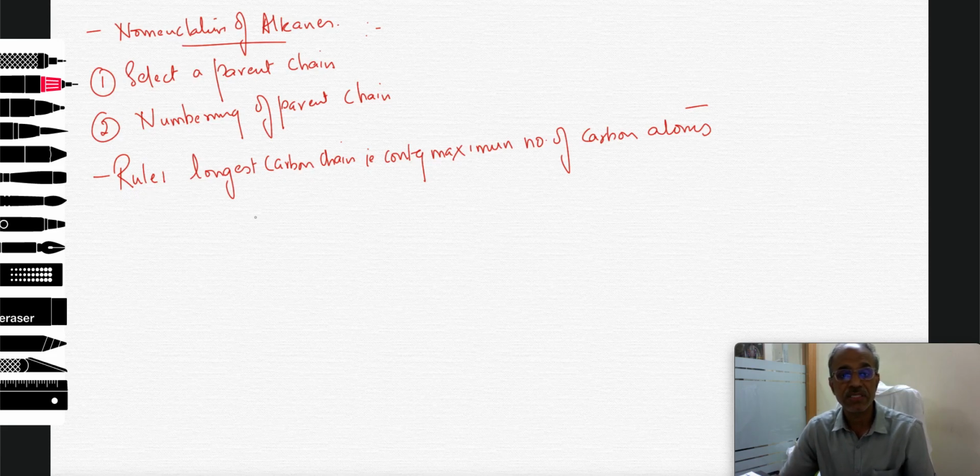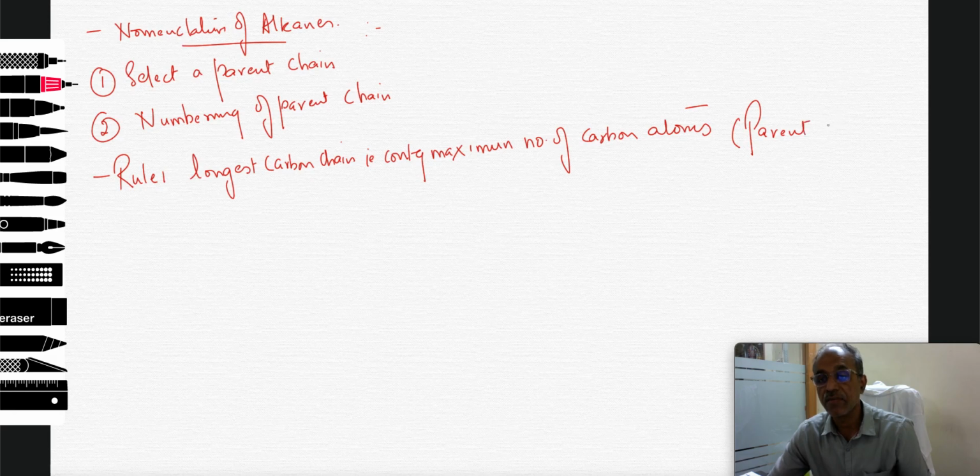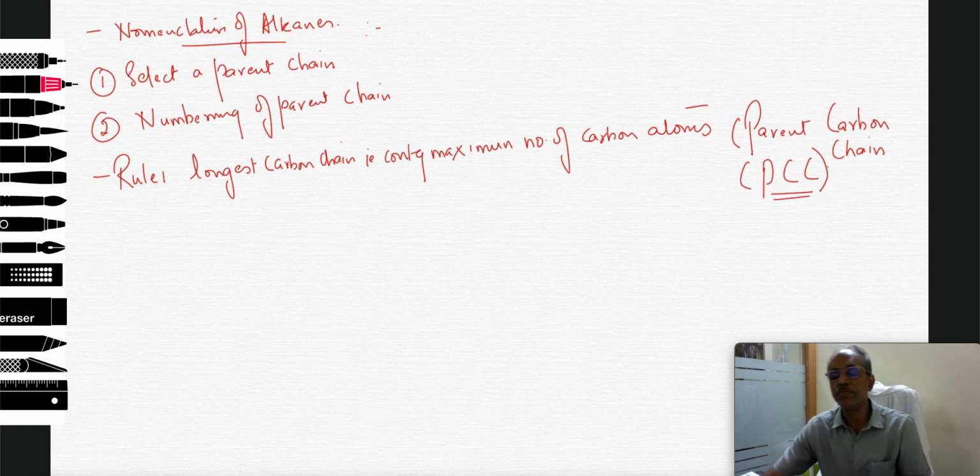Longest carbon chain or maximum number of carbon atoms, they are known as parent carbon chain. Or we will say it PCC. Whenever I say PCC means parent carbon chain.